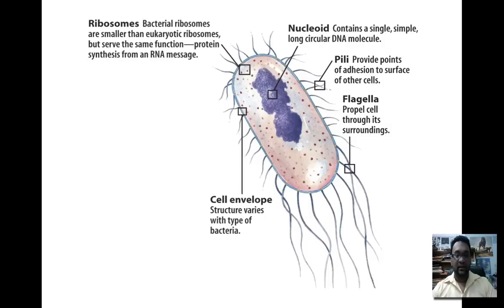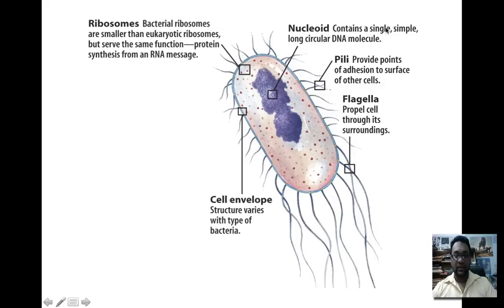So this is another diagram just to reinforce the common structures found in the prokaryotic cell. Now, a term that wasn't in the previous diagram was nucleoid. The nucleoid is what contains a single, simple, long, circular DNA molecule.